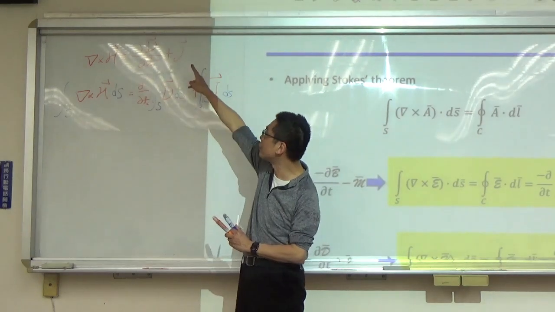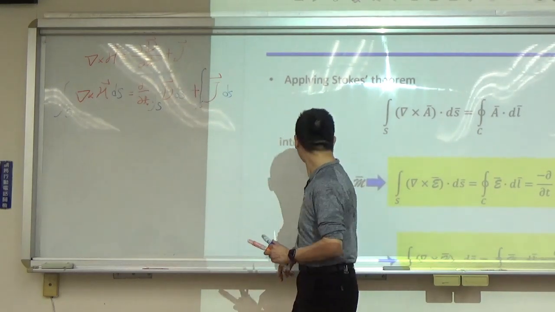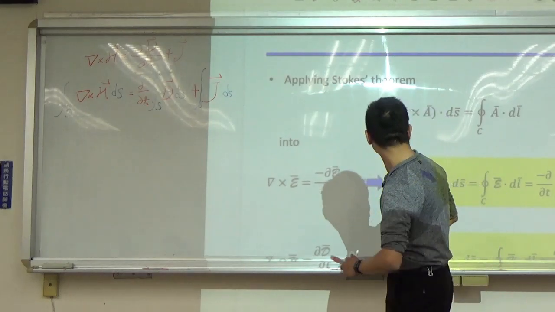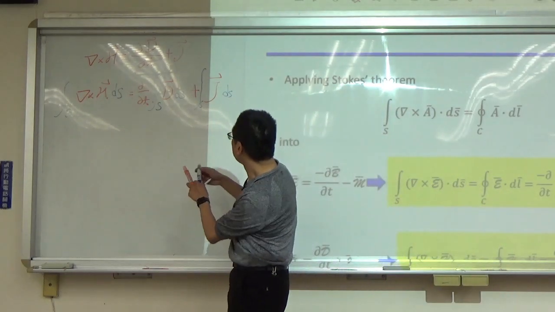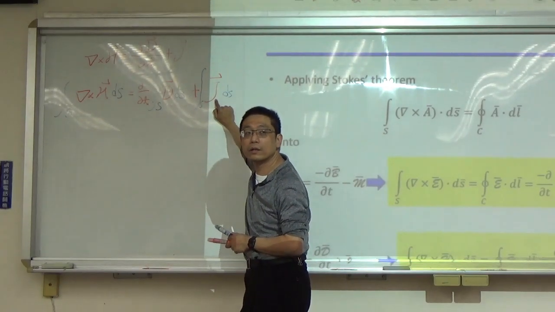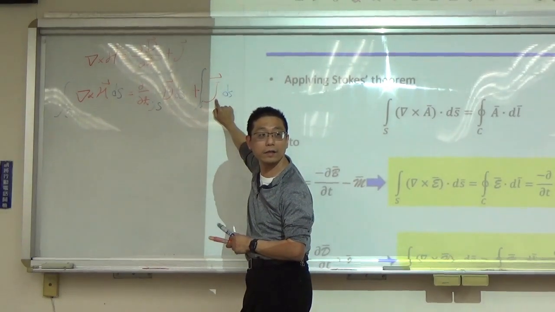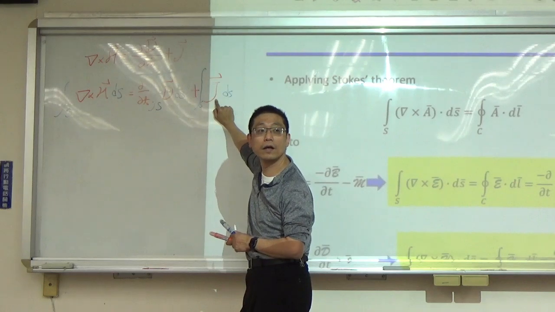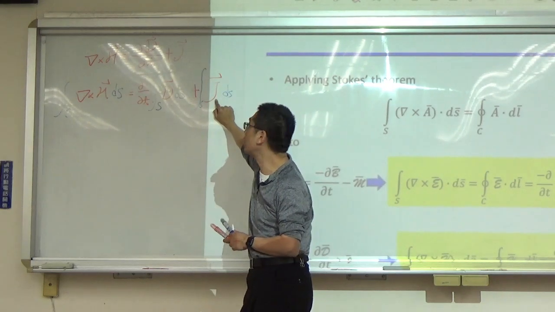The orange one is the same, and I take it on both of them. So this is the current density, which is current divided by the area.